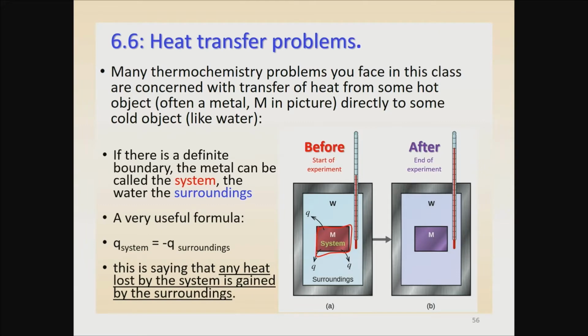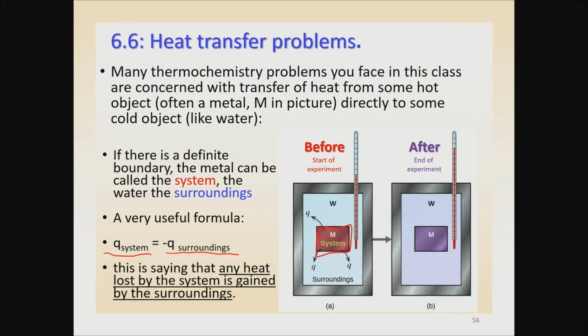And so we can write an equation for that, which I have here: any heat leaving the system will be gained by the surroundings. This is often written as Q of system is equal to negative Q of surroundings. Now you might wonder, why is it Q of system and negative Q of surroundings, and not Q of system is equal to positive Q of surroundings?